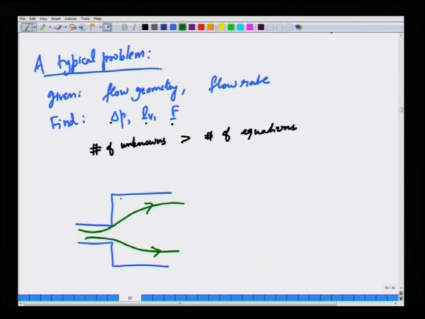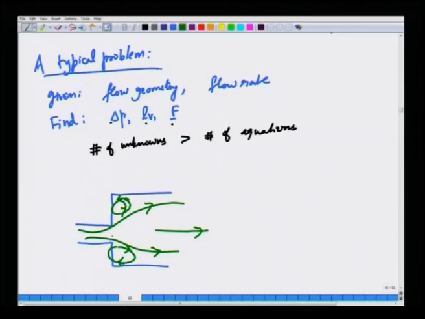Because of the sudden expansion, there are recirculating zones of fluid, and this leads to loss, because some of the energy that you are trying to supply to make the fluid flow in this direction is lost in making the fluid go round and round in this sort of dead pocket. This is a reason why expansion always has losses.